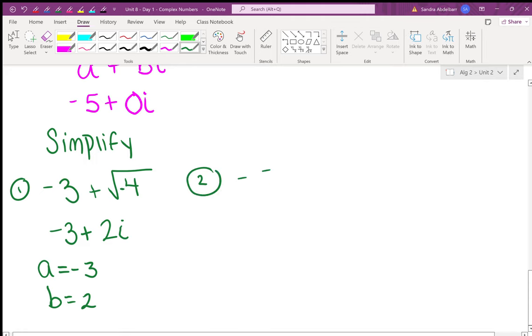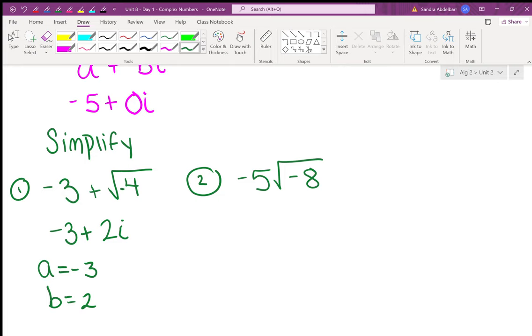Okay, next one. I want us to simplify -5 root -8. So we're definitely pulling that i out. So I have -5i root 8. But am I done there? No, because I can simplify the root of 8. Isn't it 2 root 2?